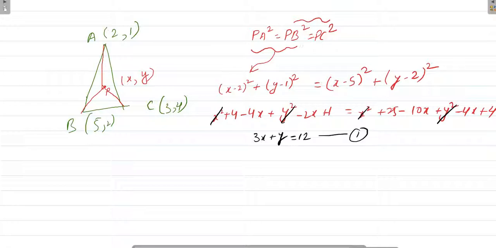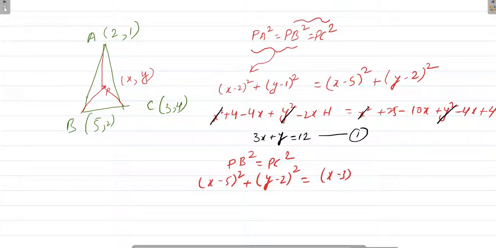Then we will solve PB square equals PC square. As you can see from the figure, PB square is (x minus 5) square plus (y minus 2) square, which we have already done. This equals PC square, which will be (x minus 3) square plus (y minus 4) square.